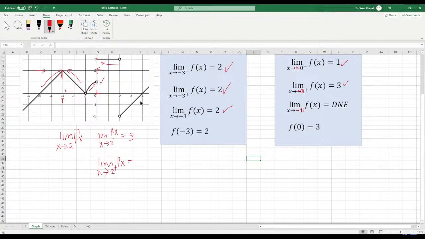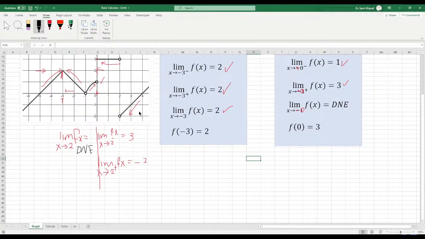But if I come from the right direction, I will approach negative 2. Therefore, we can say the limit of this function when x approaches 2 does not exist.